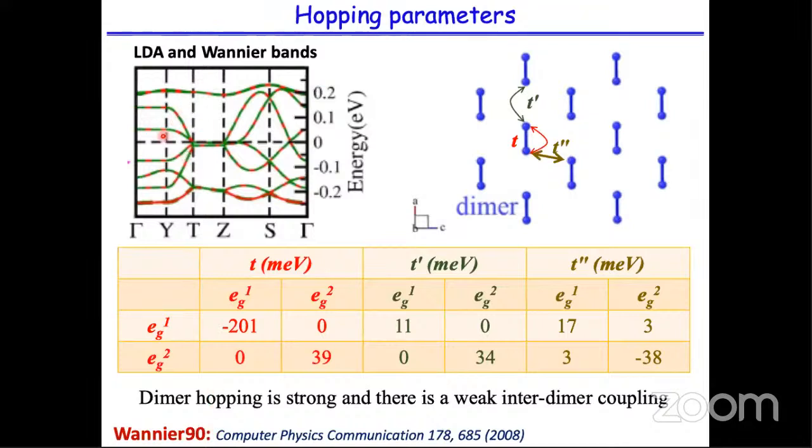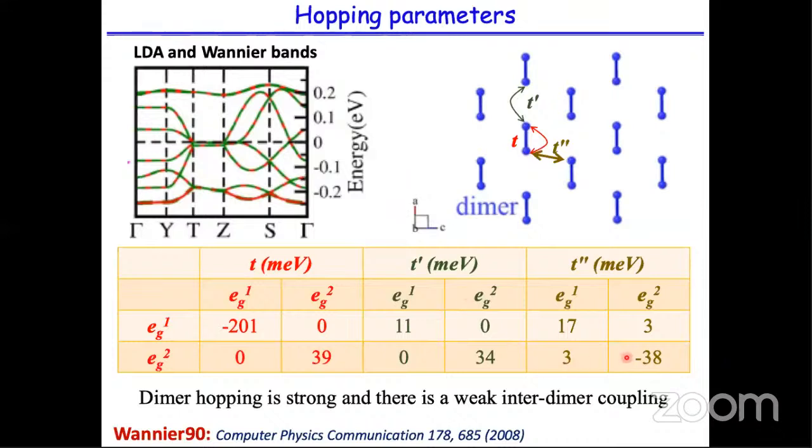We fitted those bands and tried to calculate the hopping parameters within the dimer and also the inter-dimer. Now, what these hopping parameters indicate, as you can see from this table, is that the hopping within the dimer, this T, is quite large. This is 201 in one of the orbitals, in milli-electron volts, while the other hoppings are relatively small.